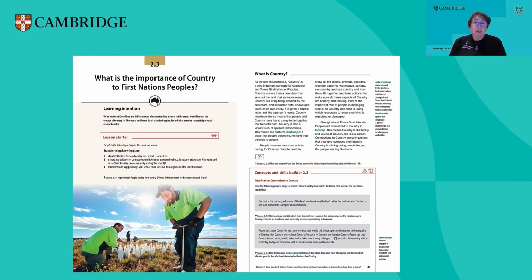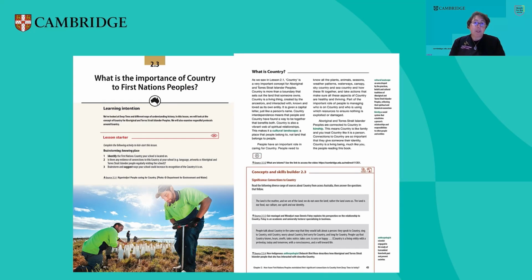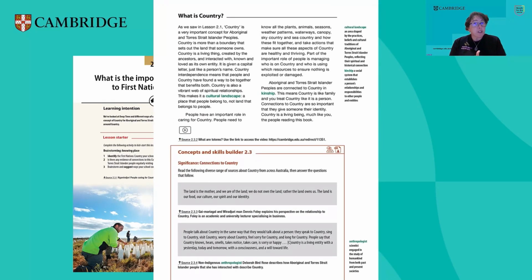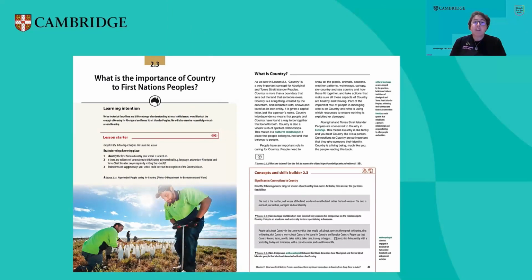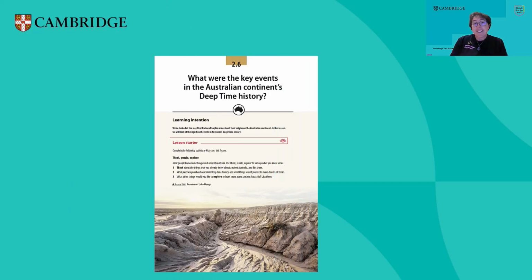It's a strengths-based approach to teaching. We're not looking at a deficit model, we're looking at a strengths-based model, with some really great sections in this chapter, like what is Country and what is deep time, and how do we teach that to our students? What is land and landscape and where is that importance?